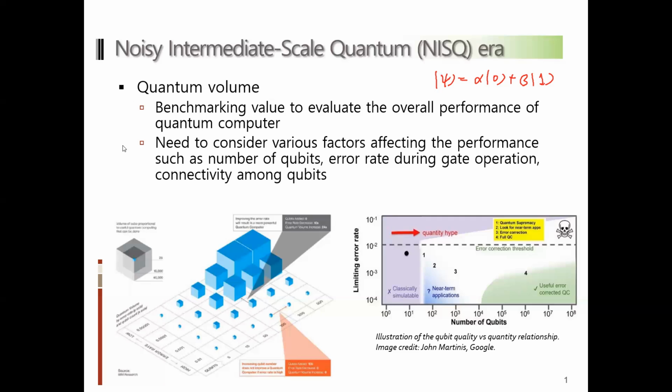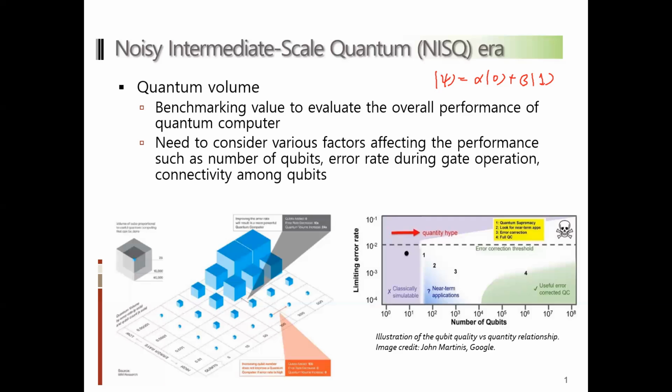Because you are familiar with the classical computer, you generally know how to compare the performance of different computers. You generally consider the bit width of your CPU, or the clock speed of your computer.